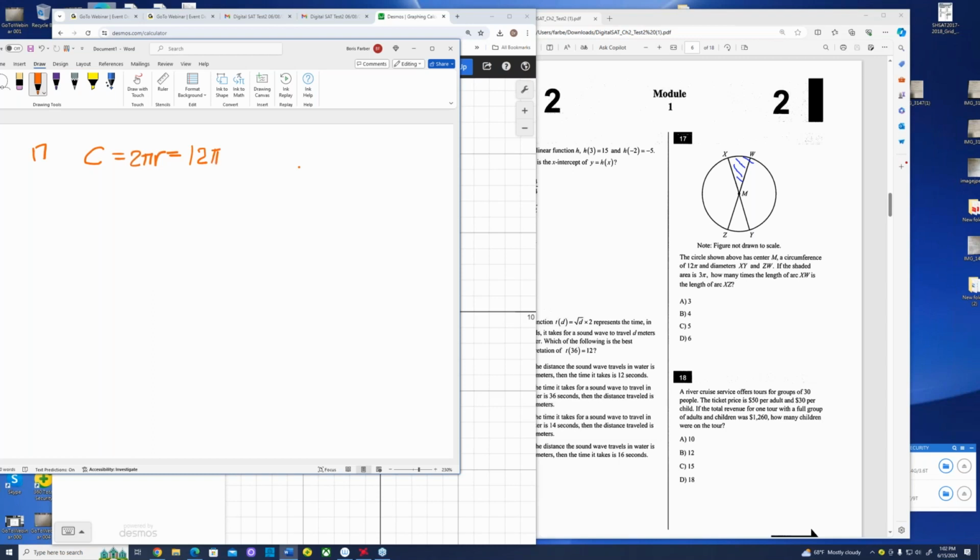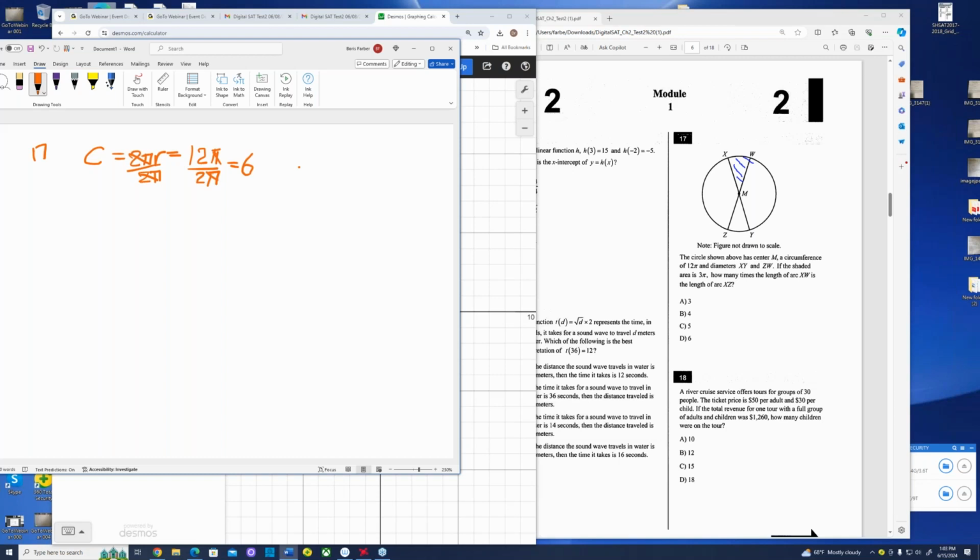So you can easily find the radius. If you divide both parts by 2 pi, cancel, cancel, and radius equals 6. Good. In addition, we have the shaded area. Shaded area is 3 pi.